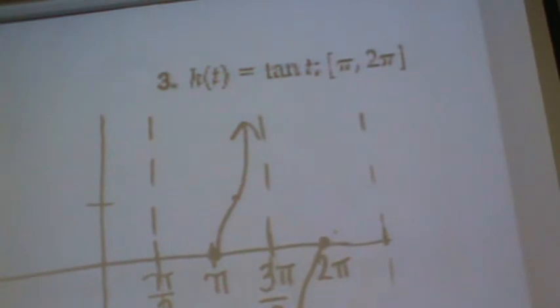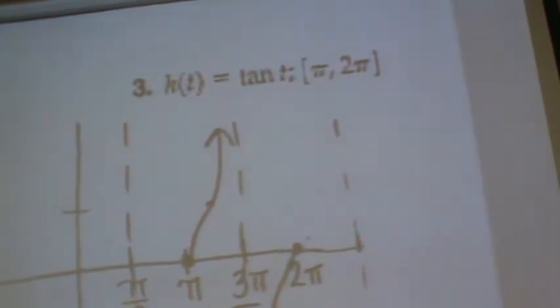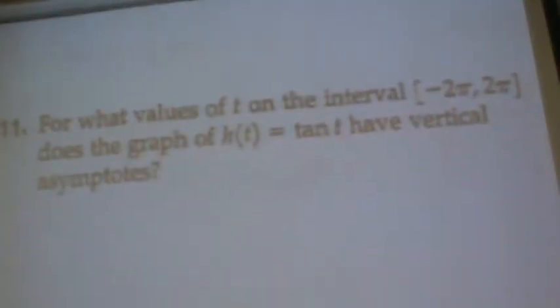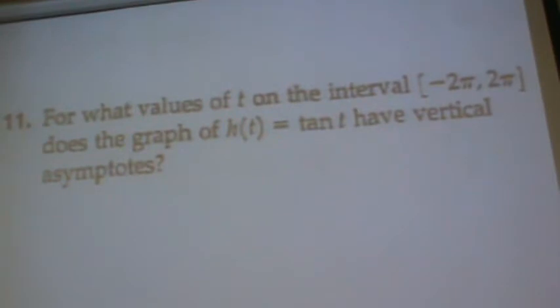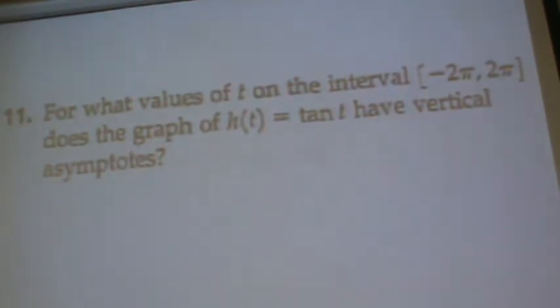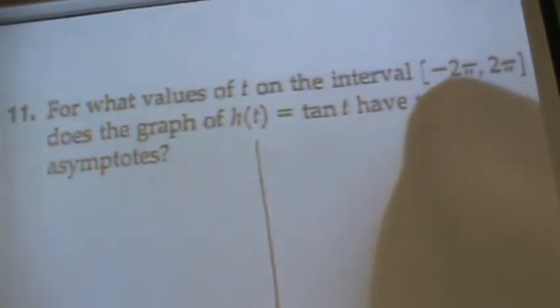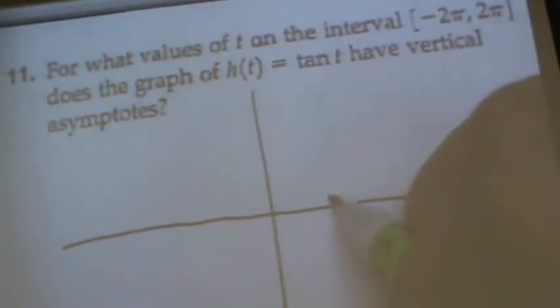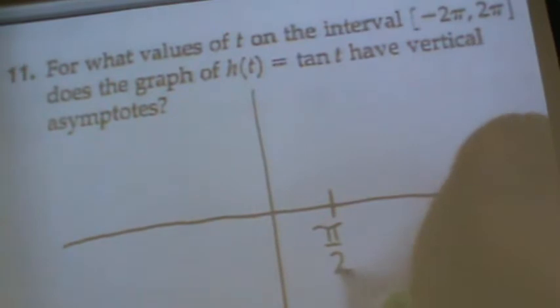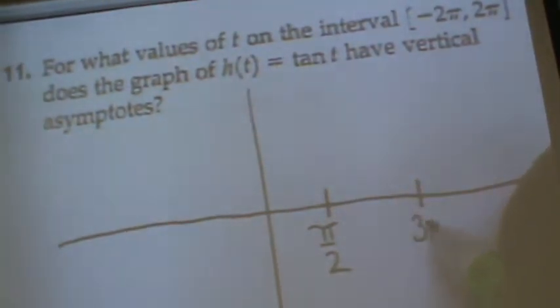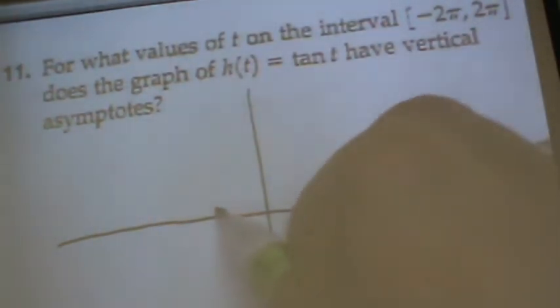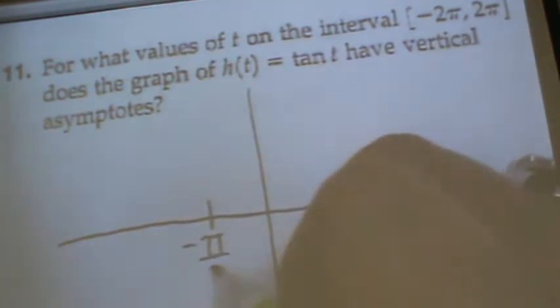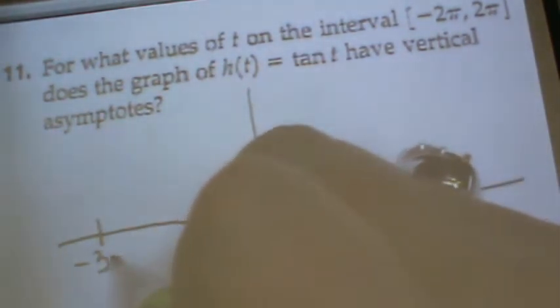Okay, next question, 11. For what values on the interval negative 2 pi to 2 pi does the graph have a vertical asymptote? Well, we just talked about it. Where are the asymptotes? We have an asymptote at pi over 2, 3 pi over 2, 5 pi over 2, negative pi over 2, and negative 3 pi over 2.